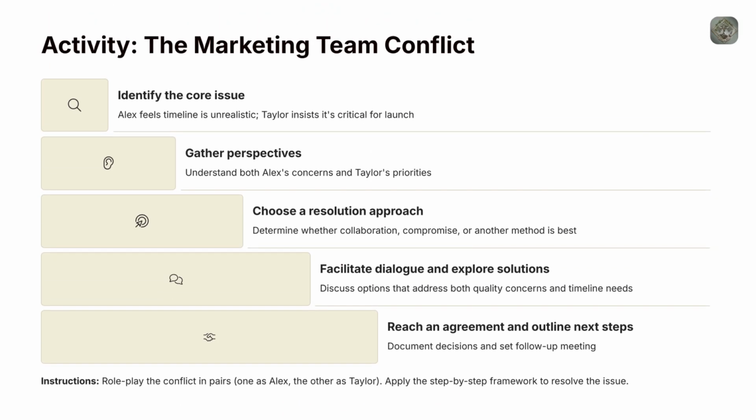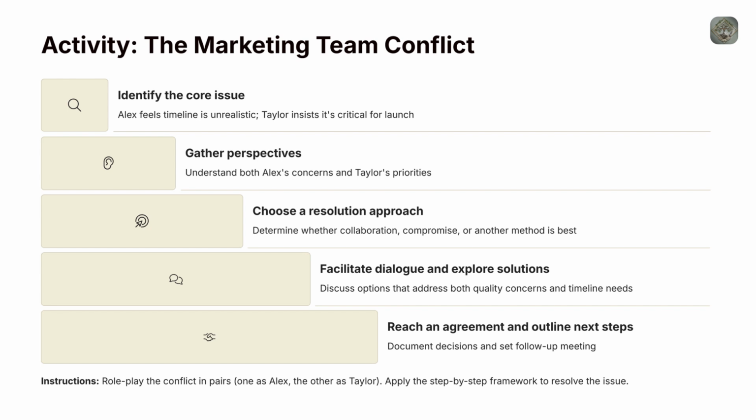Let's apply the framework to a real-world scenario. Imagine Alex and Taylor, two marketing teammates, are in conflict over an unrealistic deadline. 1. Identify the core issue, tight deadlines and workload concerns. 2. Gather perspectives. What are Alex's and Taylor's needs? 3.